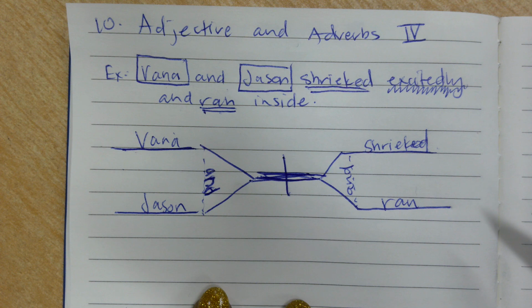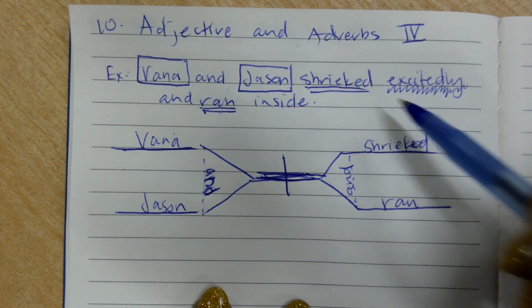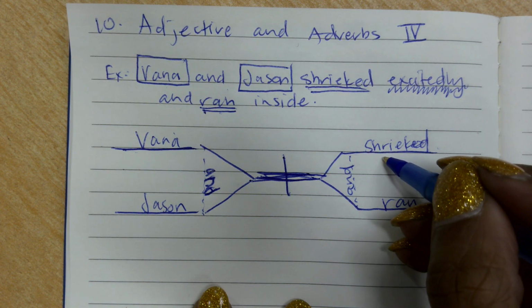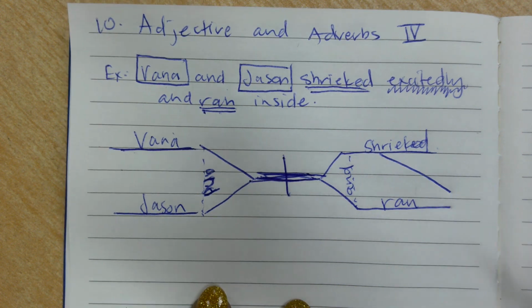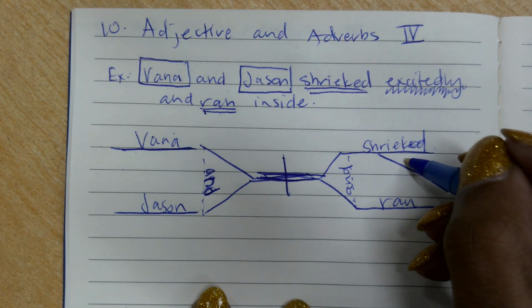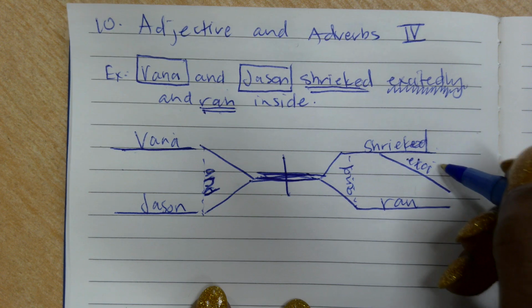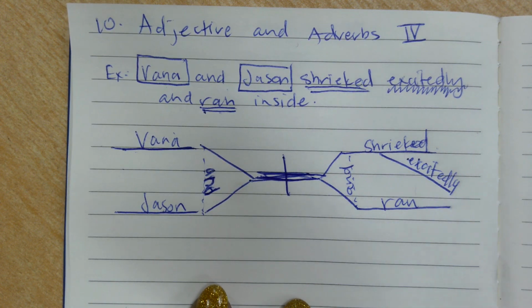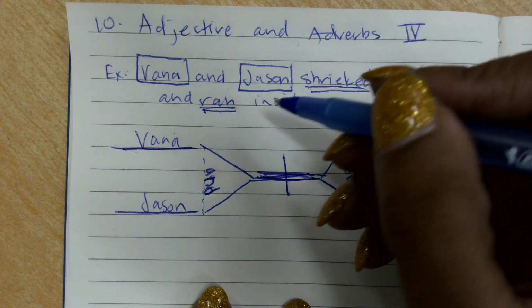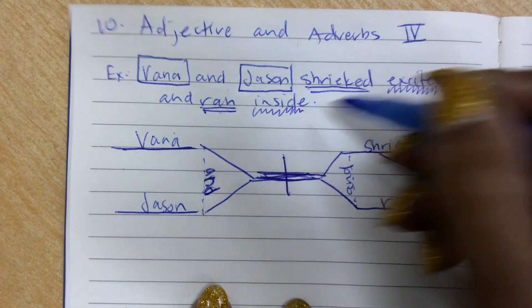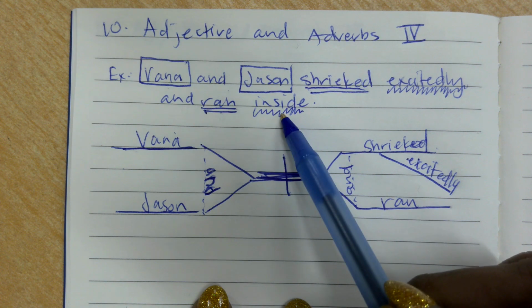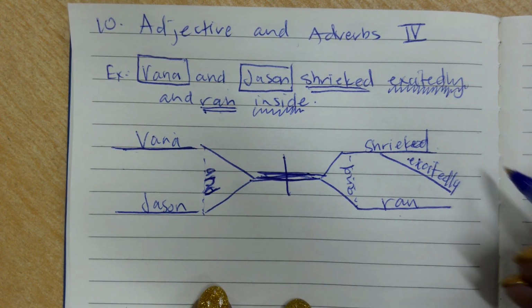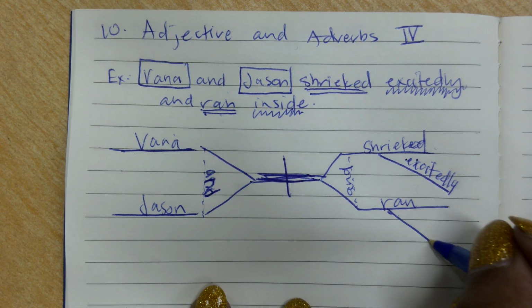So it modifies that word. We need to then draw a slanted line underneath shrieked. And then we still have the word inside. Inside tells us where they ran. Helps us understand more about that. So we need to add that to ran.